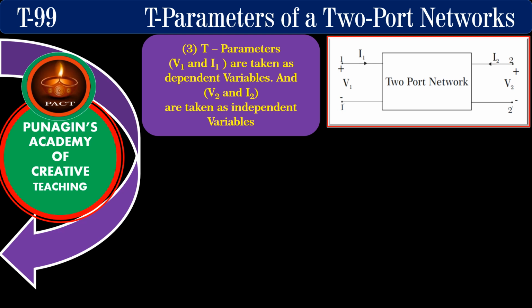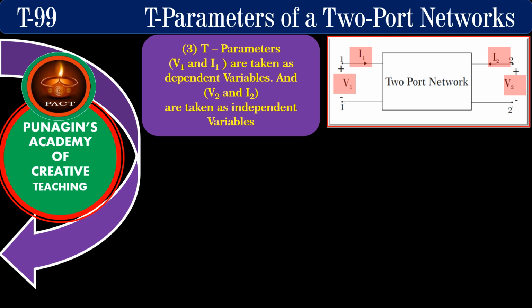So, to represent the T parameters, we consider V1 and I1 as dependent variables and V2 and I2 as independent variables. Sometimes V1 and I1 are considered as the sending end voltage and current, and V2 and I2 are considered as the receiving end voltage and current.